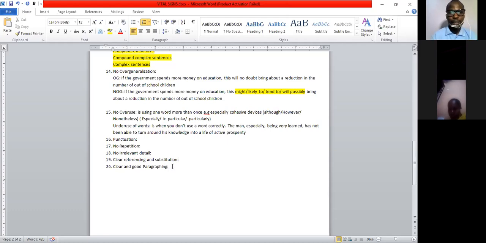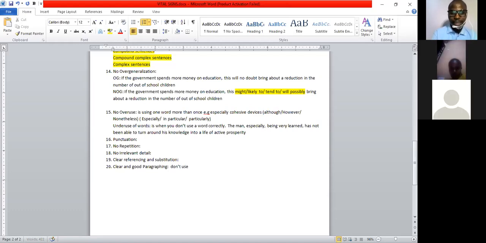And then we talk about number 20, clear and good paragraphing. Now, let me say this: in IELTS, I'm advising that you don't use the indentation form of paragraphing.